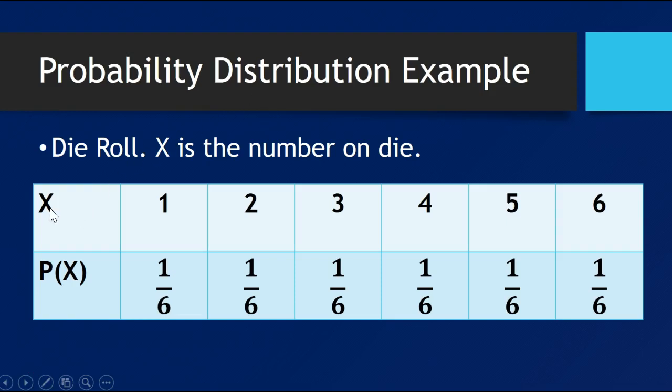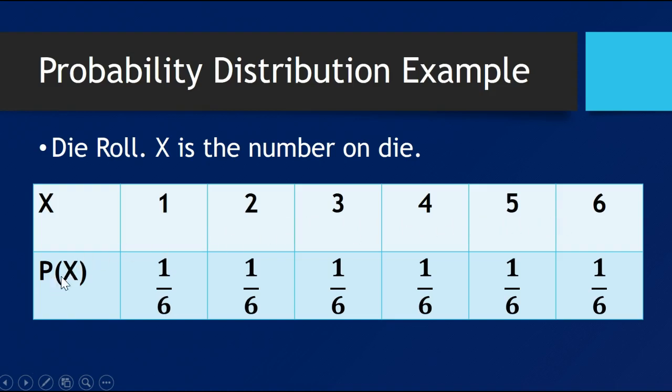So the outcomes of the die are 1, 2, 3, 4, 5, 6. Notice that the variable x here corresponds to these 6 outcomes. So variable x can come up as 1, 2, 3, 4, 5, or 6 when we roll a die.